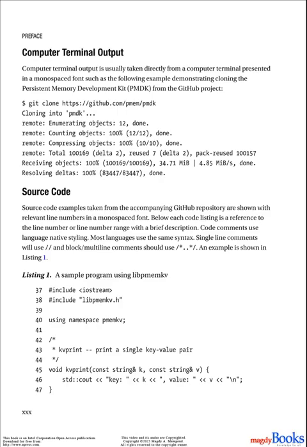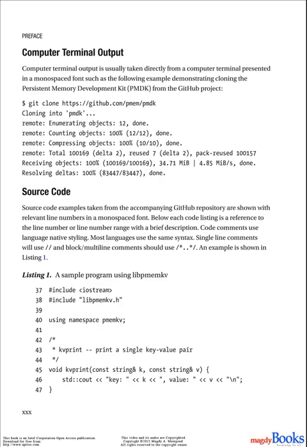$ git clone https://github.com/pmem/pmdk. Cloning into pmdk. remote: Enumerating objects: 12, done. remote: Counting objects: 100% (12/12), done. remote: Compressing objects: 100% (10/10), done. remote: Total 100169 (delta 2), reused 7 (delta 2), pack-reused 100157.